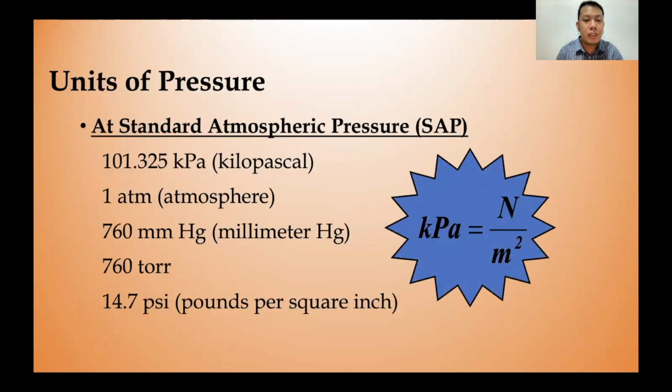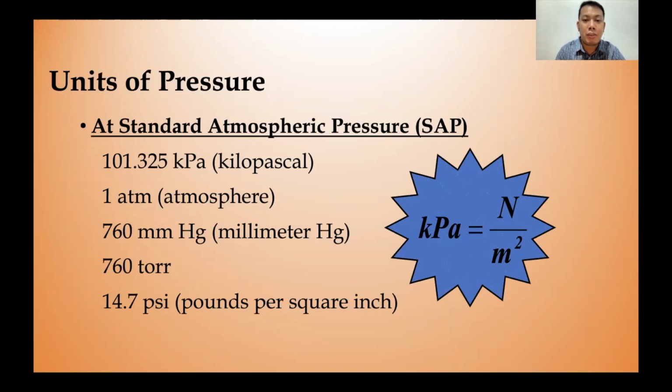All right. So these are the different units of pressure. In gases, what you will encounter are the volume, the temperature, and pressure. That's why I'm showing you the different units of pressure.